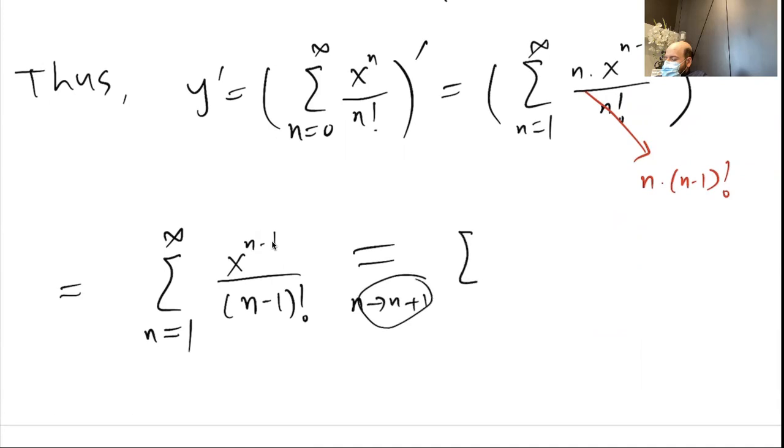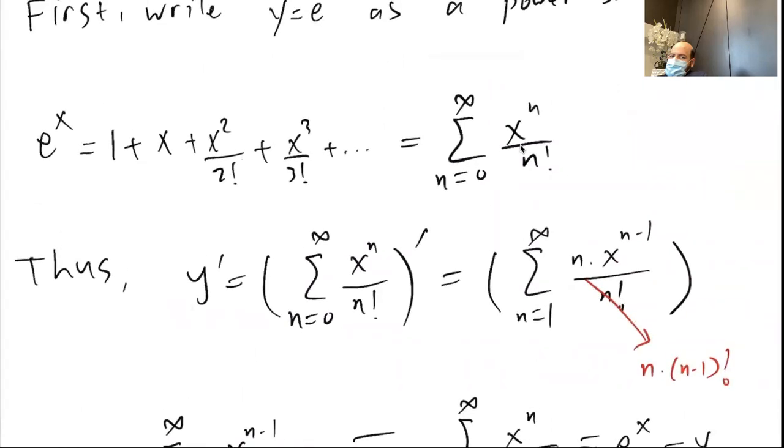And then I'll have sigma x to the power n over n factorial, n from 0 to infinity. You just saw that if you change n to n plus 1, the starting index shifts 1 unit to the left. So instead of 1 to infinity, I will have 0 to infinity. And this is exactly the expansion of e to the x, which was y itself.